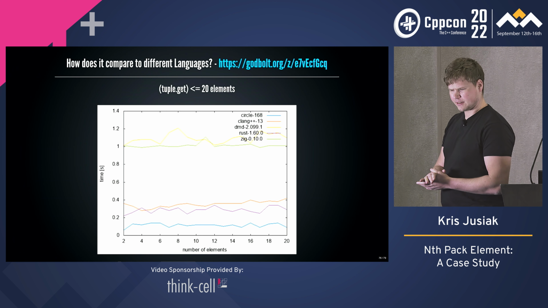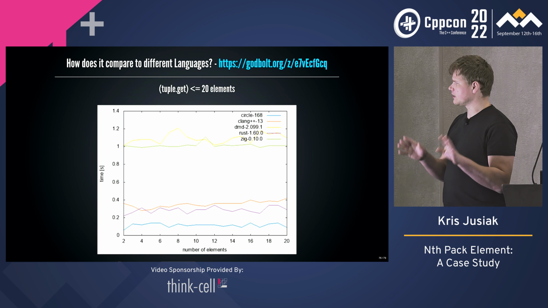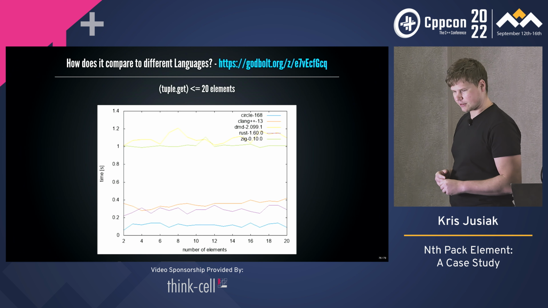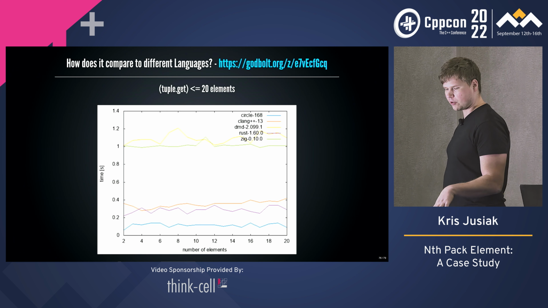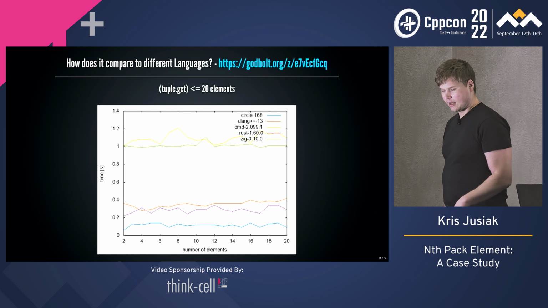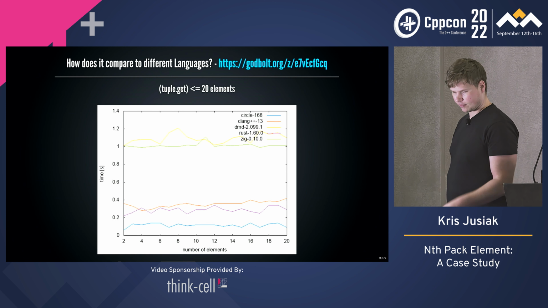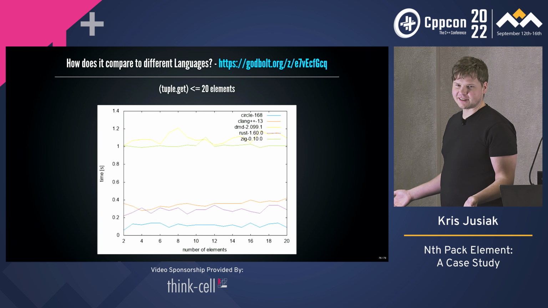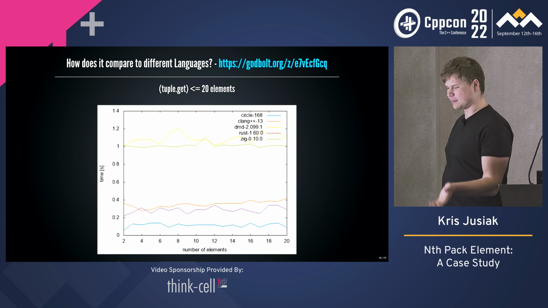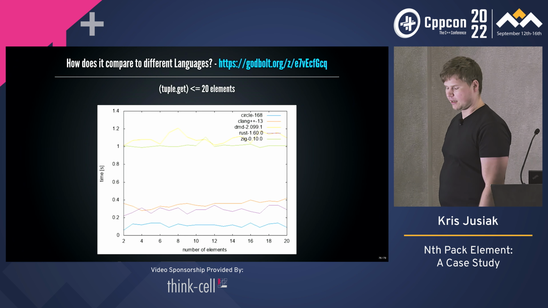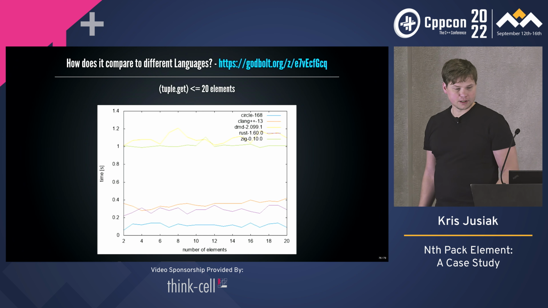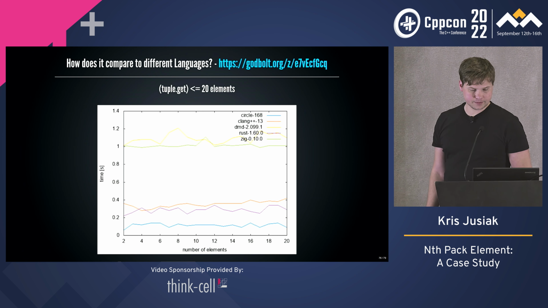I think the Zig language always takes longer because it's kind of slow by default to compile, but it scales very well. And we can see here that out of all the languages, Circle seems to be still the fastest, even compared to Rust, Clang, and DMD, which is the D language. So that's for elements less than 20.